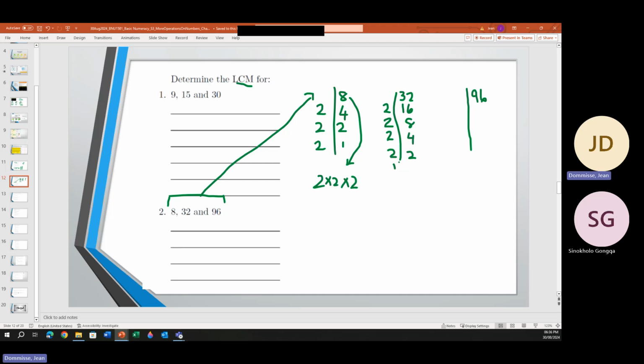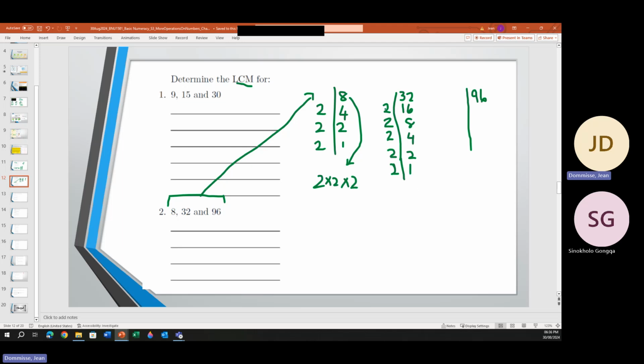Wait, I skipped. 32 divided by 2 is 16. 16 divided by 2 is 8. 8 divided by 2 is 4. 4 divided by 2 is 2. 2 divided by 2 is 1.